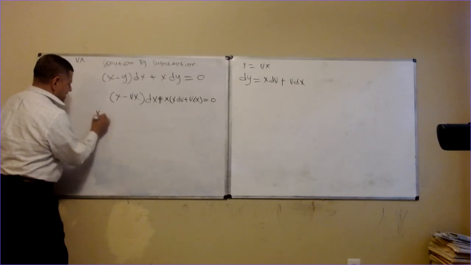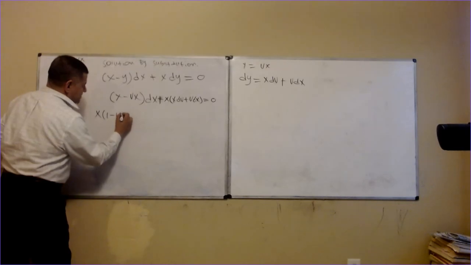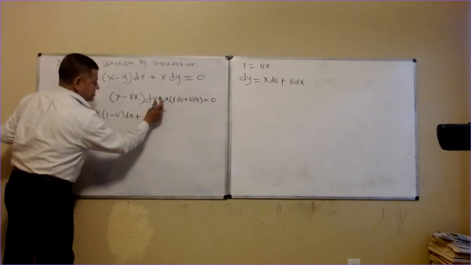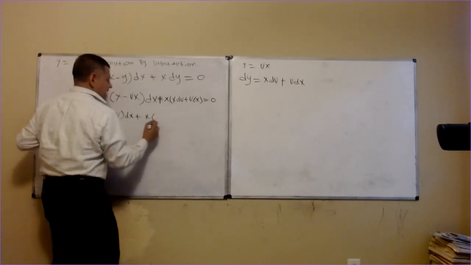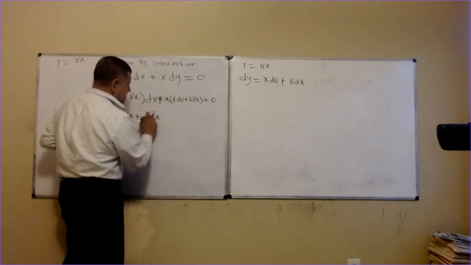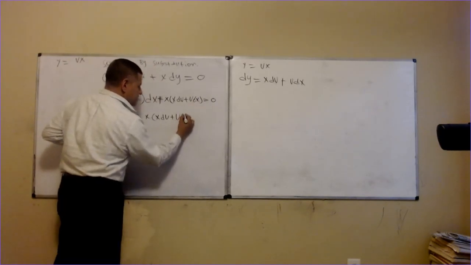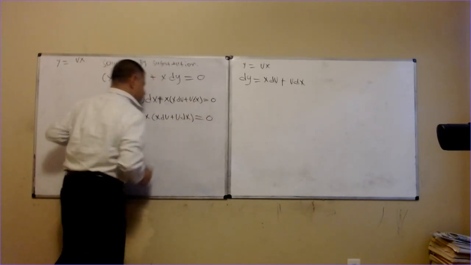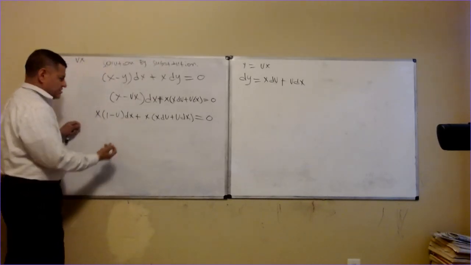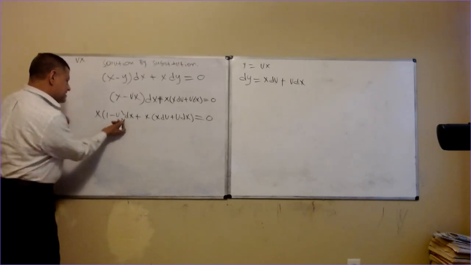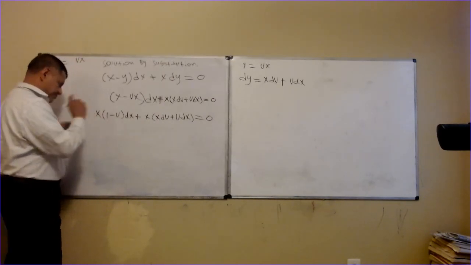I can pull out an x and I get x(1 minus v) dx plus x times (x dv plus v dx) equals 0.